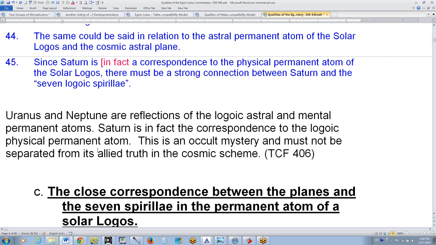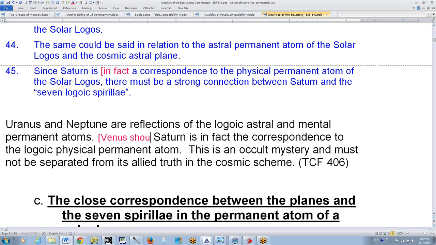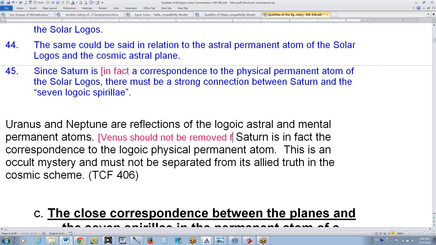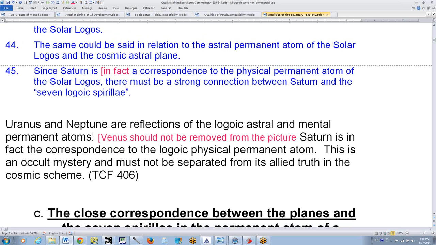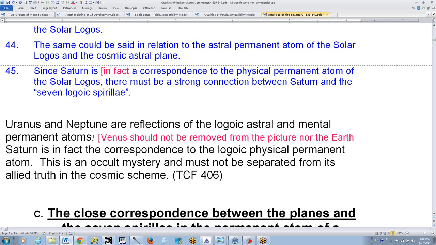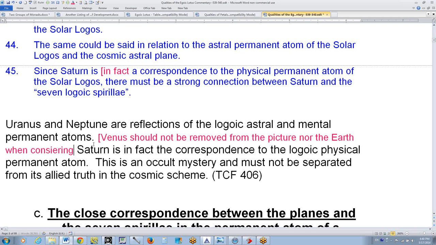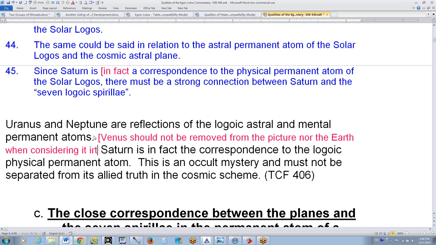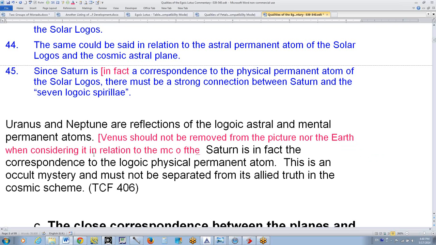But we must not remove Venus from the picture, nor the Earth when considering it in relation to the mental unit of the solar logos.